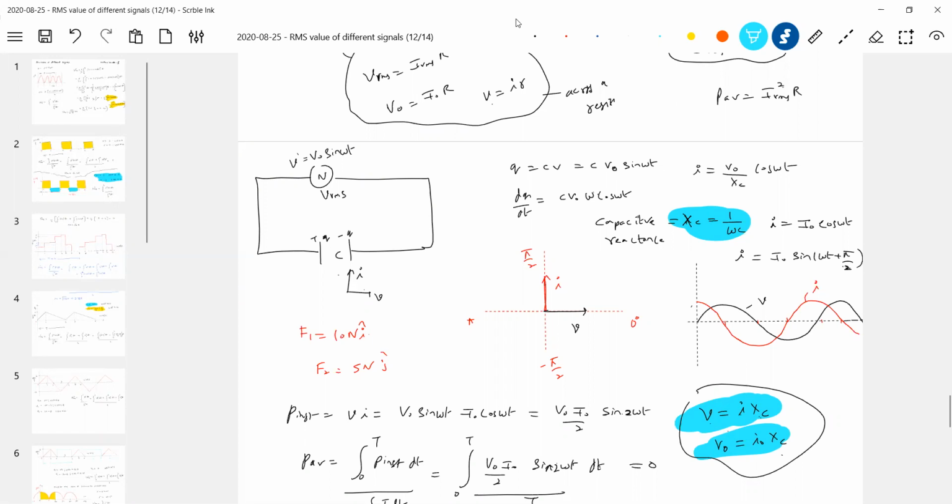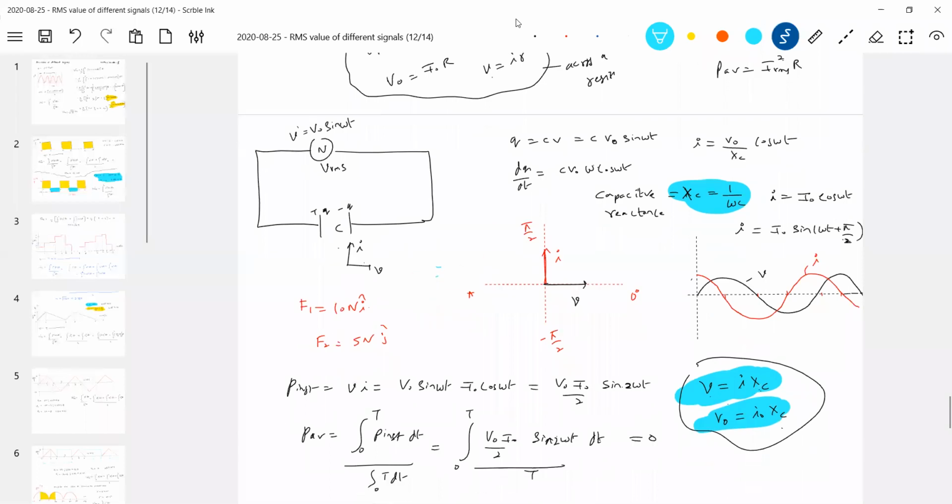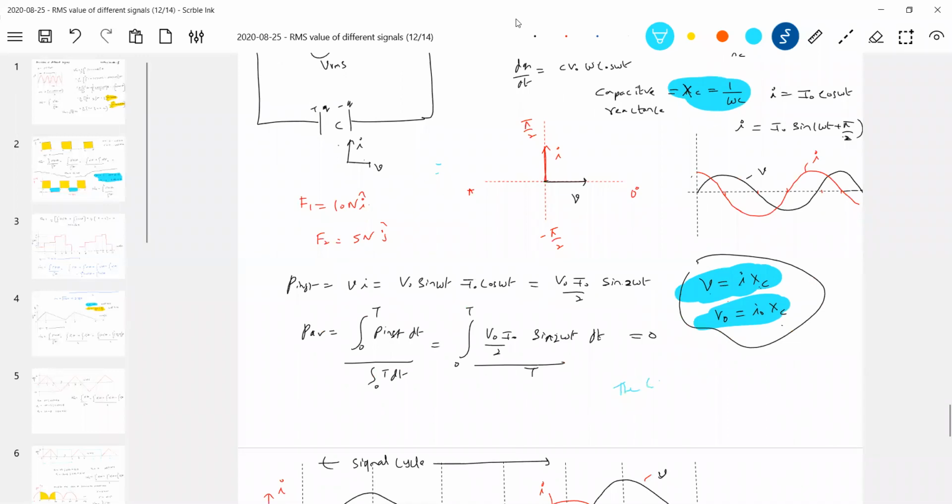So the capacitor will make current lead voltage by 90 degrees. That's the basic idea of the capacitor.